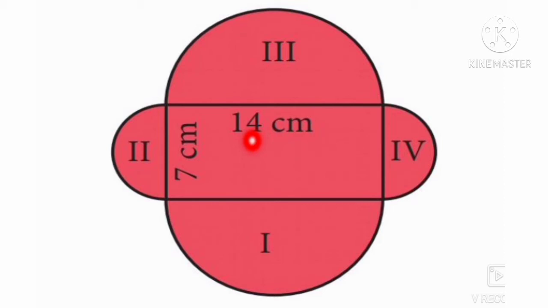We find the circumference of one of them and multiply by 2. Then adding these two values, we get the perimeter of the given shape.